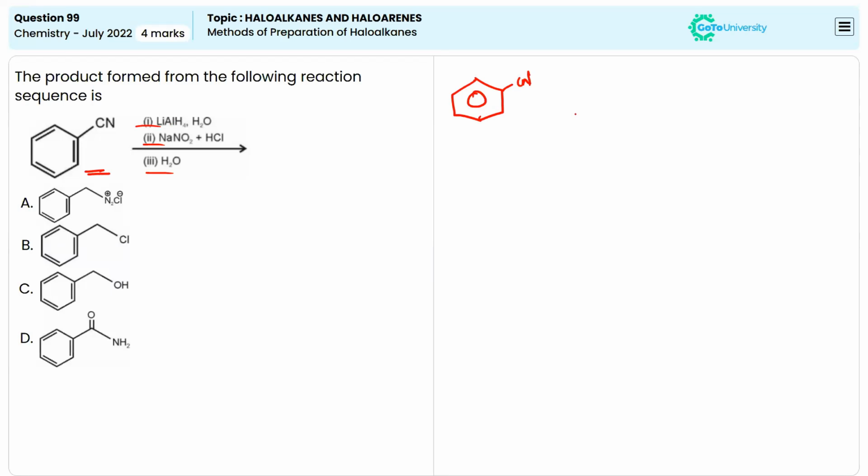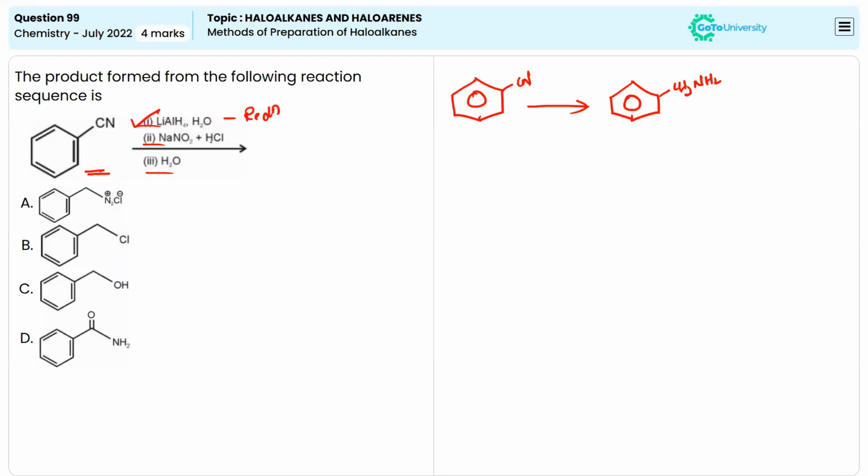The first reagent is lithium aluminum hydride, so the reaction will be reduction, right? Because lithium aluminum hydride is a reducing agent. During reduction, the CN group will be converted into a CH2NH2 group, because addition of hydrogen will take place.